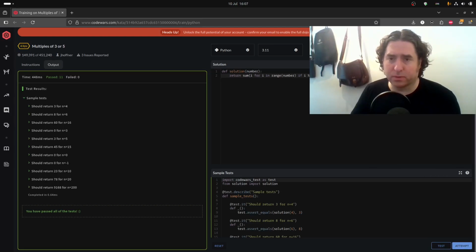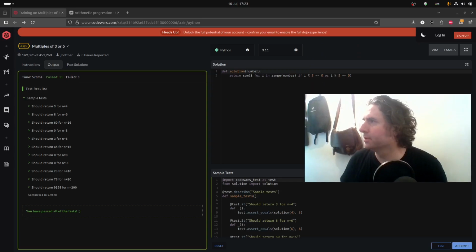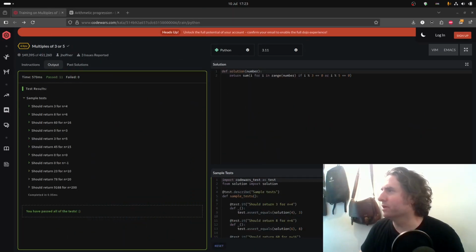That's kind of a nice one-liner. Using the sum function, we have a generator expression for i in range number if i modulus 3 equals 0, or if i modulus 5 equals 0. If they pass those conditions, it goes into this generator expression, and then it sums it.